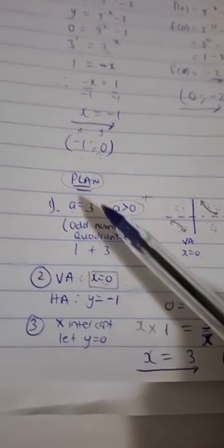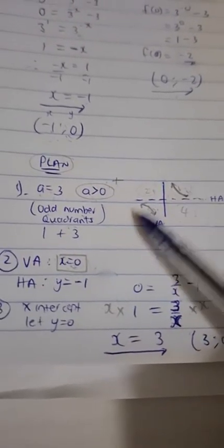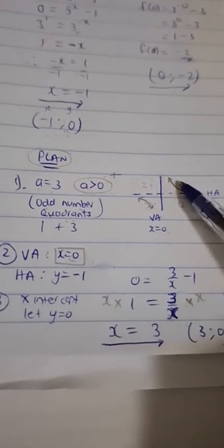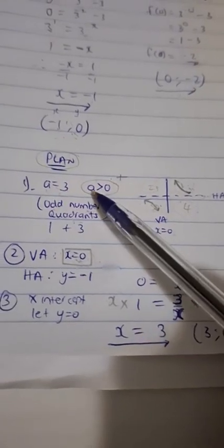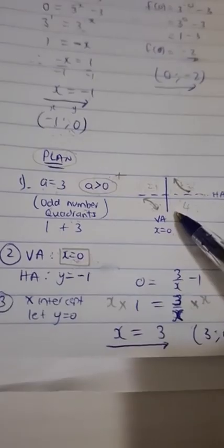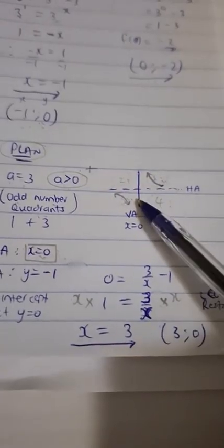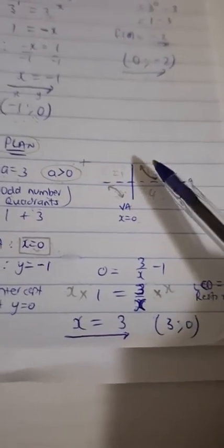Then the fact that when a is positive, we have the odd number quadrants, meaning the first and third quadrant. But remember, if a was negative, we would talk about the even number quadrants, and those are according to the asymptotes. When our horizontal and vertical asymptotes are in place, we can talk about the first, second, third, and fourth quadrant.